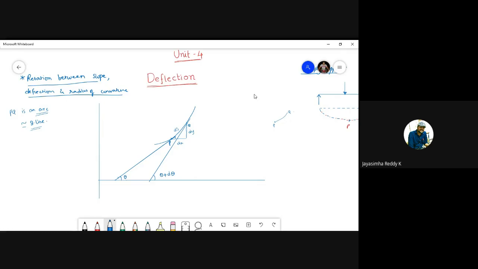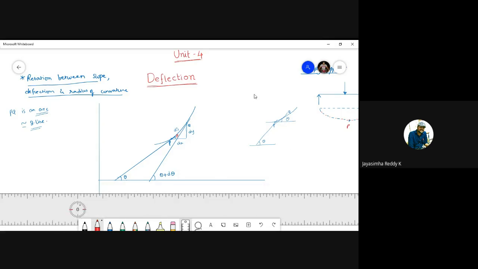I have drawn a tangent at P like this, and this is making an angle theta. If I extend it like this, this angle will also be theta. Is it right? I hope you got my point. I'm just writing this also as theta. Is it clear?